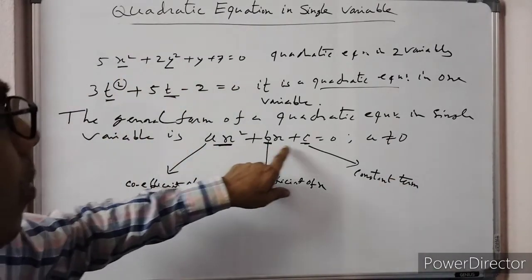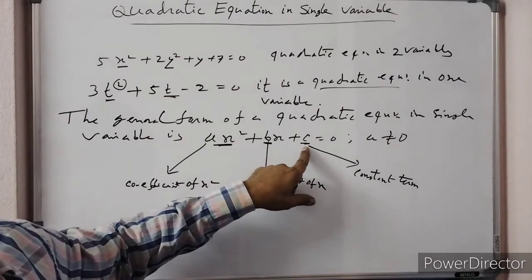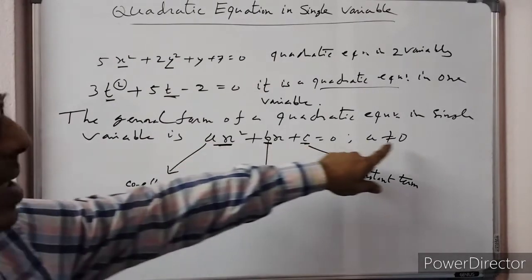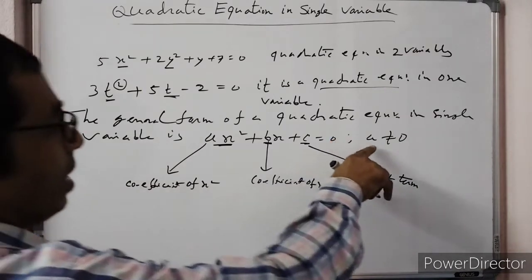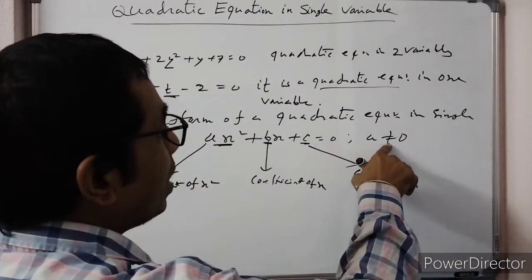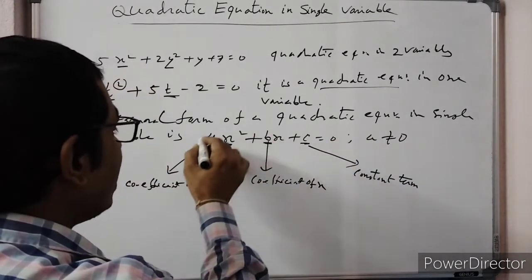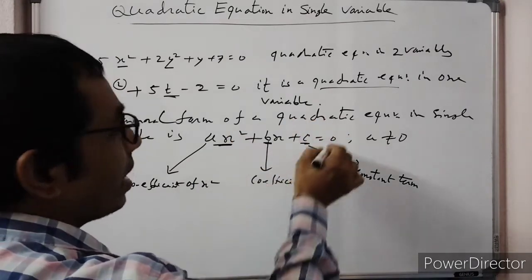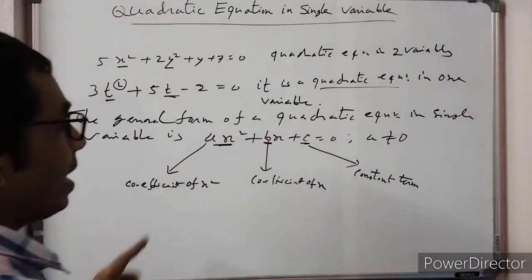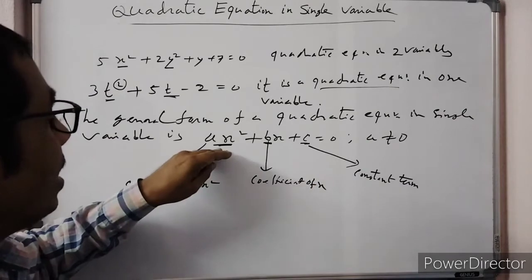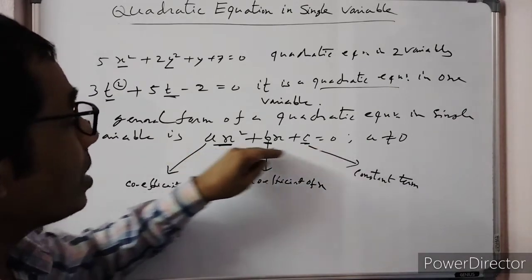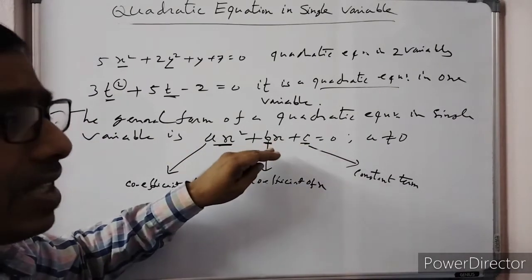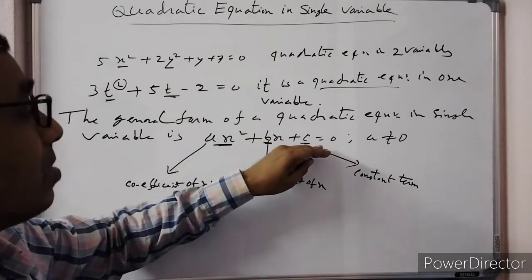So b or c may be 0 or not, but a cannot be 0. If a not equal to 0, it is called a quadratic equation. And if a equal to 0, then the quadratic equation does not exist. Equation exists, but quadratic equation does not exist.